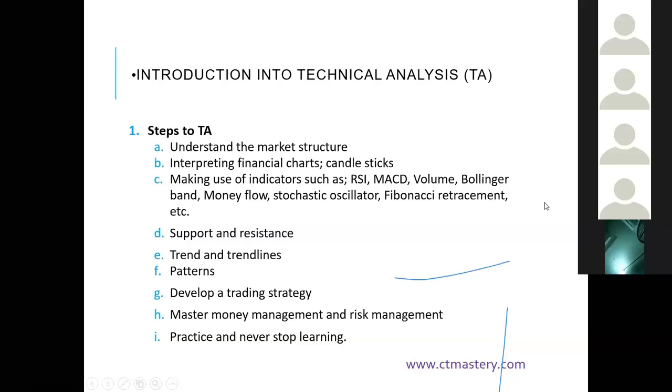Now, what are the steps you need to trade profitably using technical analysis? These steps include, one, you have to understand the market structure. When you open a chart and look at the market, you have to know who is in charge of the market. Is it the bulls? Is it the bears?